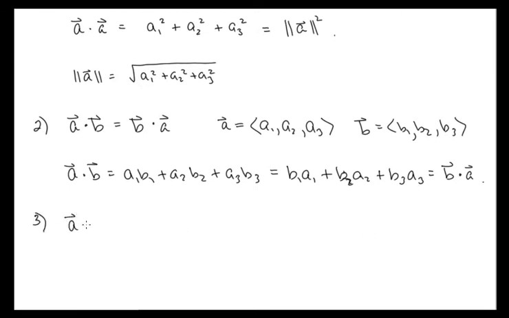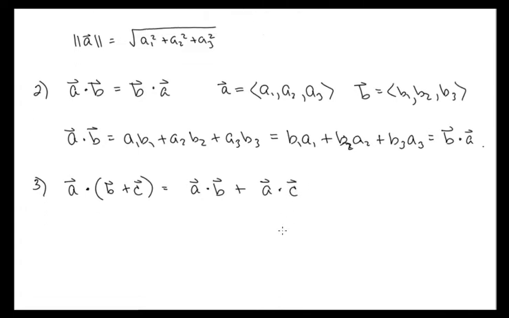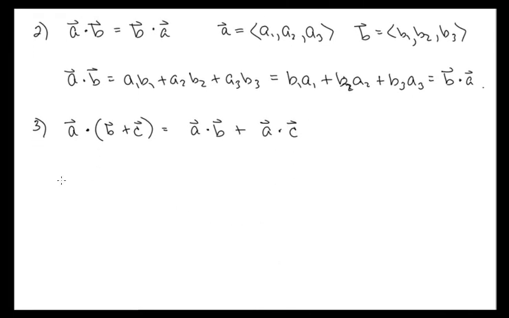Next we have a dot (b plus c). We've got a distributive property of the dot product. This is going to equal a dot b plus a dot c. So again, we'll start with the left-hand side, and here c, as you might guess, is <c1, c2, c3>.